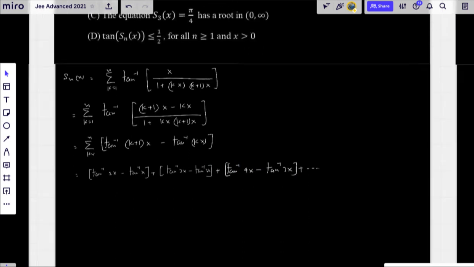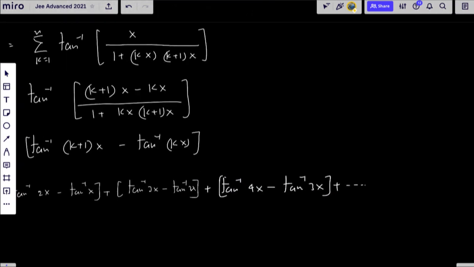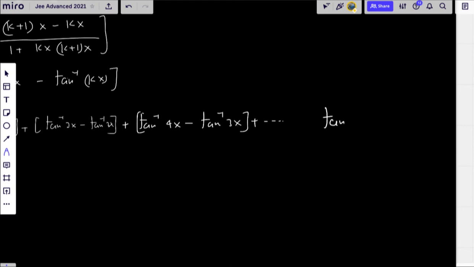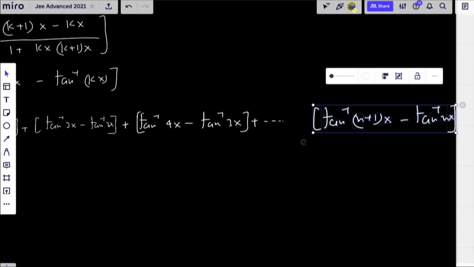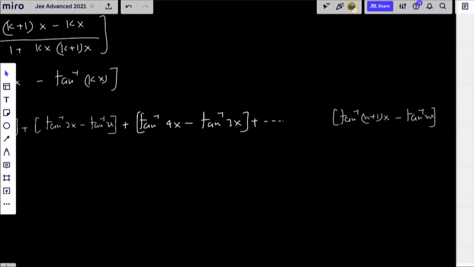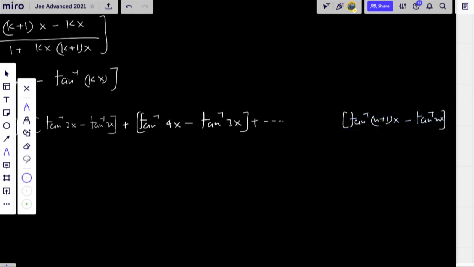So that is what we see over here, that is tan inverse (n+1)x minus tan inverse nx, and that's how finally we come to the last term. So to make space, let me reduce this part also. This is the last part, that is so on plus dot dot dot and plus this.